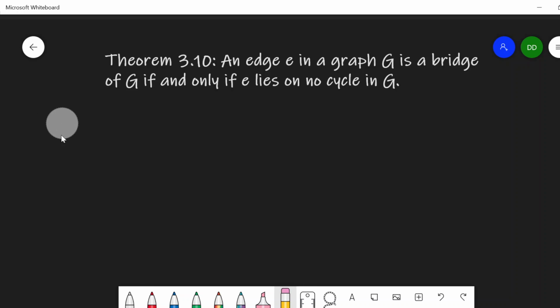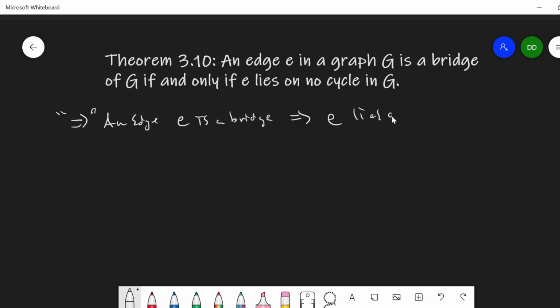Actually, before I do this, let's talk strategy a little bit. If I want to prove the forward direction, I'd be showing that if an edge E is a bridge, then E lies on no cycle in G. But we're actually going to work with its contrapositive.